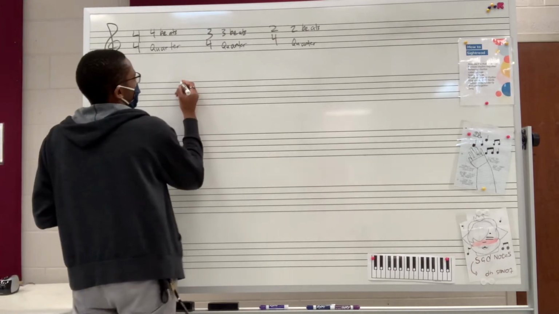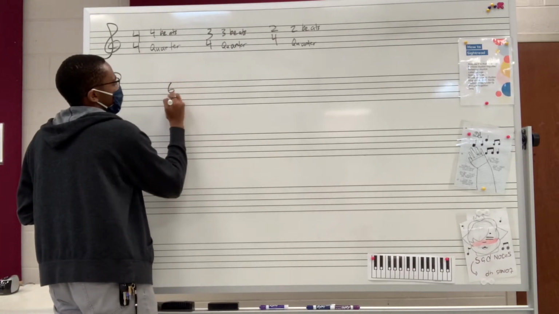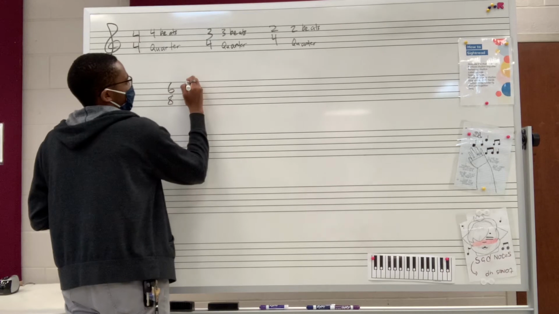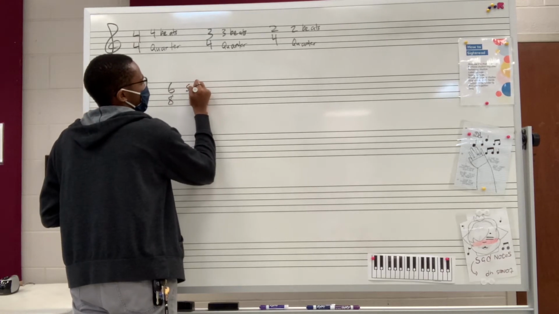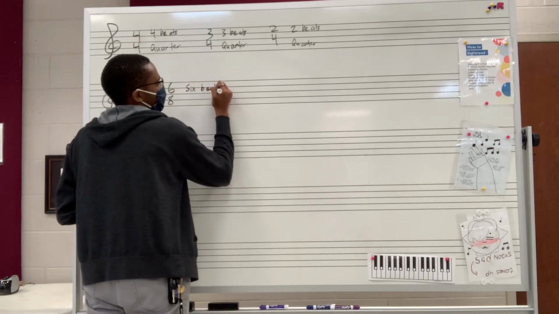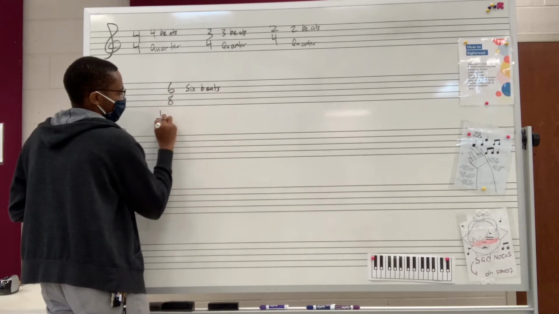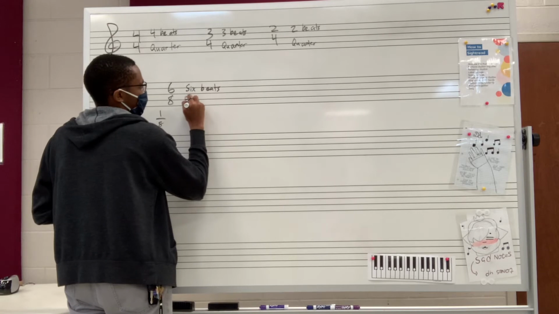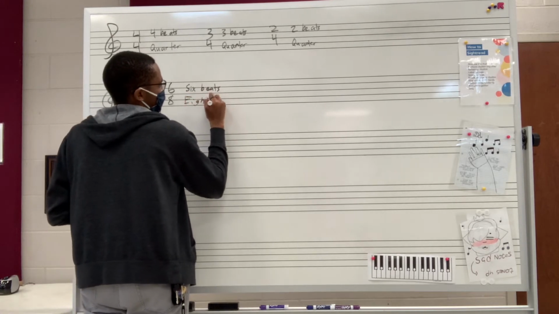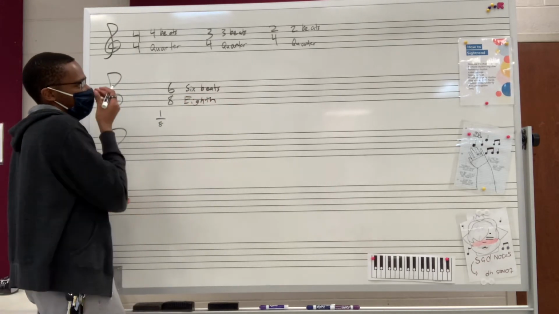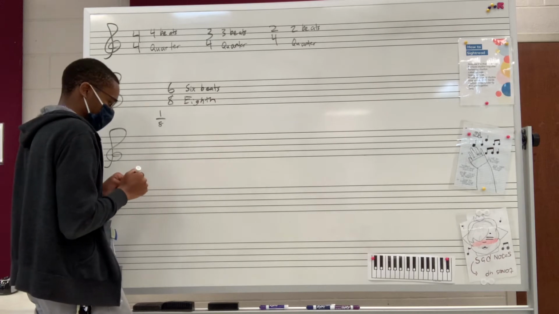So you can also have 6/8, which means I have 6 beats in each measure, and an 1/8 note gets a beat, so an 1/8 note equals 1 beat. So these are just a few common ones.